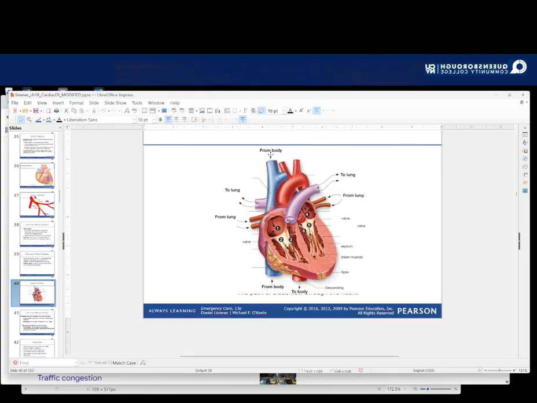Everything is backing up, and that's congestion. I told you in the beginning of this lecture that you need to memorize blood flow through the cardiac circuit, because once you've memorized that, you'll understand how congestion goes: you just go backwards in the cardiac circuit, and that's the direction congestion goes.